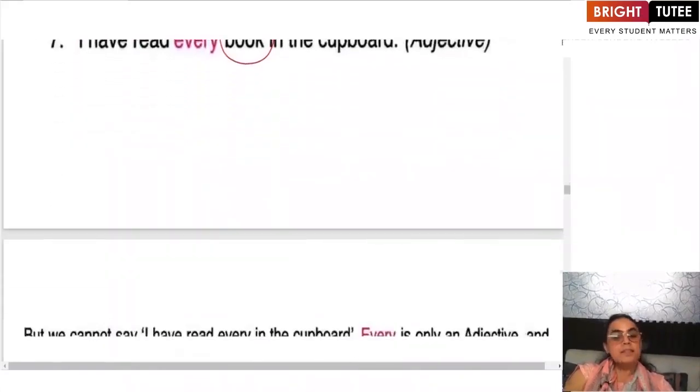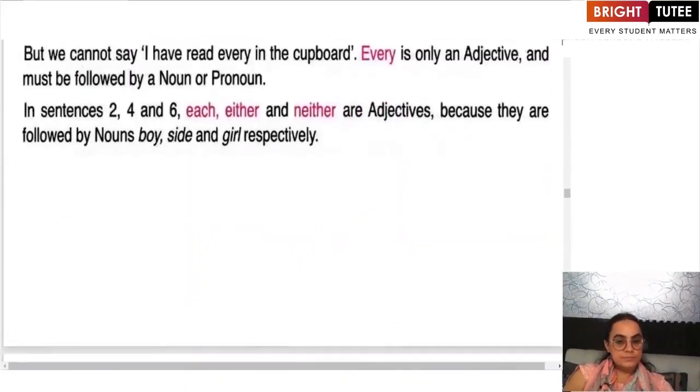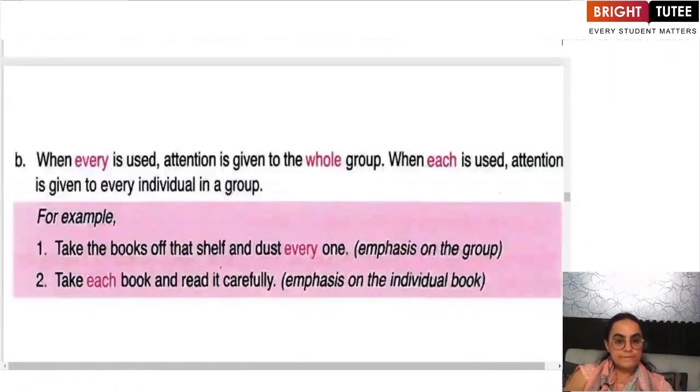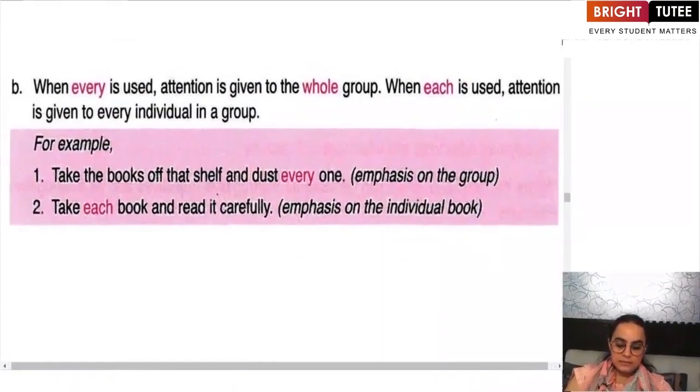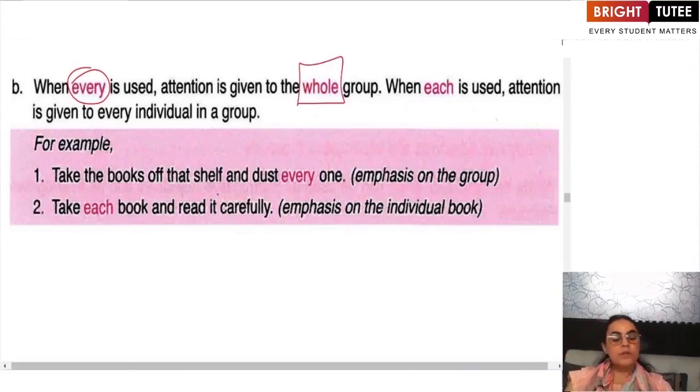Okay? Now the word every means, when the word every is used, it means that the entire group, the whole of something is being talked about. The whole of something is being represented. Okay? Every girl, every boy, every class, every notebook.